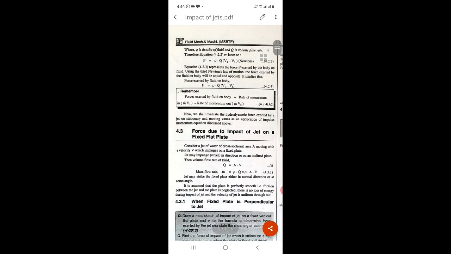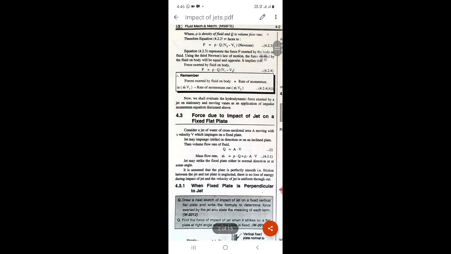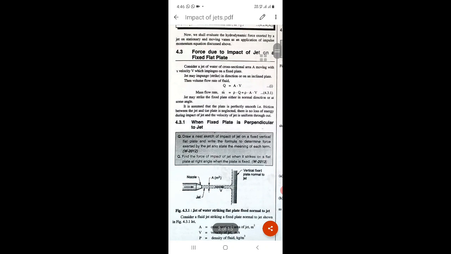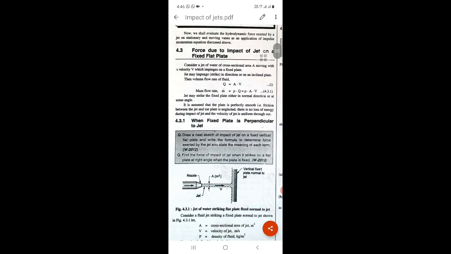Force due to impact of jet on a fixed plate depends on Q, the mass flow rate, where Q is equal to area into velocity, and mass flow rate is rho A V. When the jet strikes a fixed plate, it is assumed that the plate is perfectly smooth, there is no loss of energy during impact of jet, and the velocity of jet is uniform throughout.